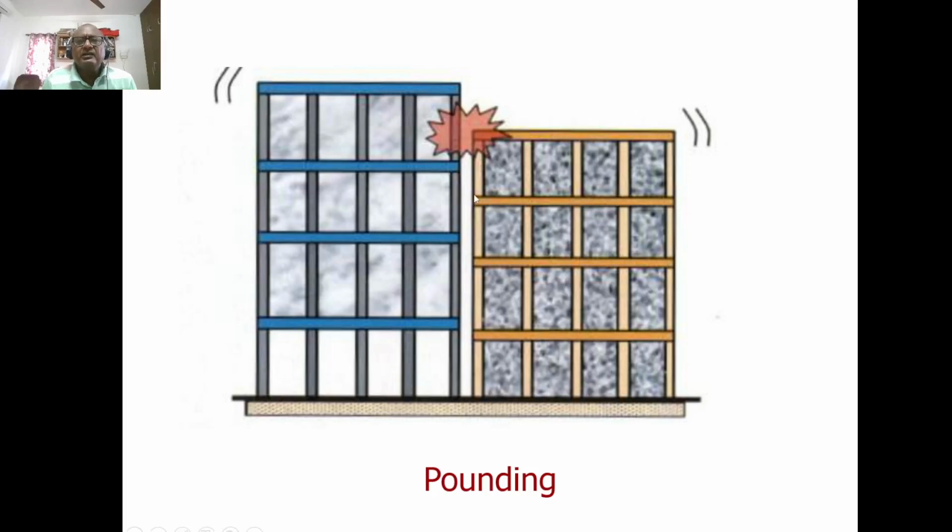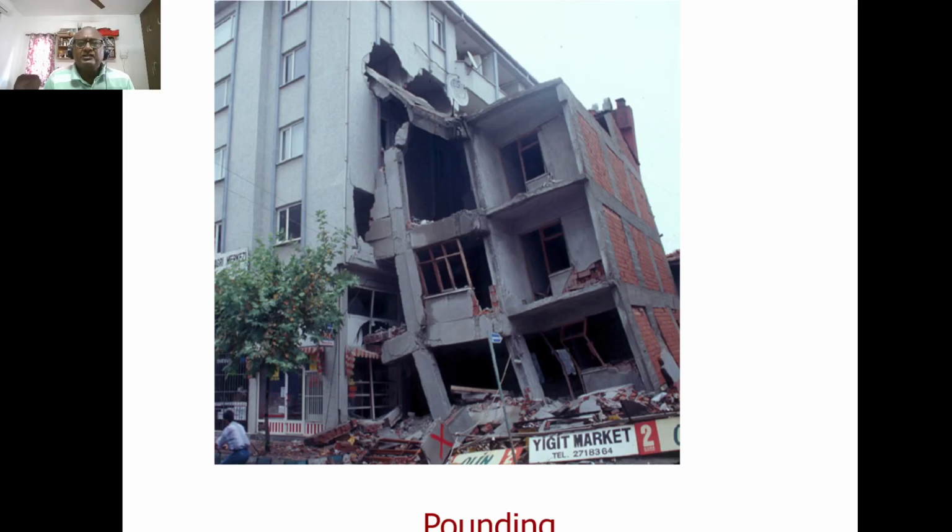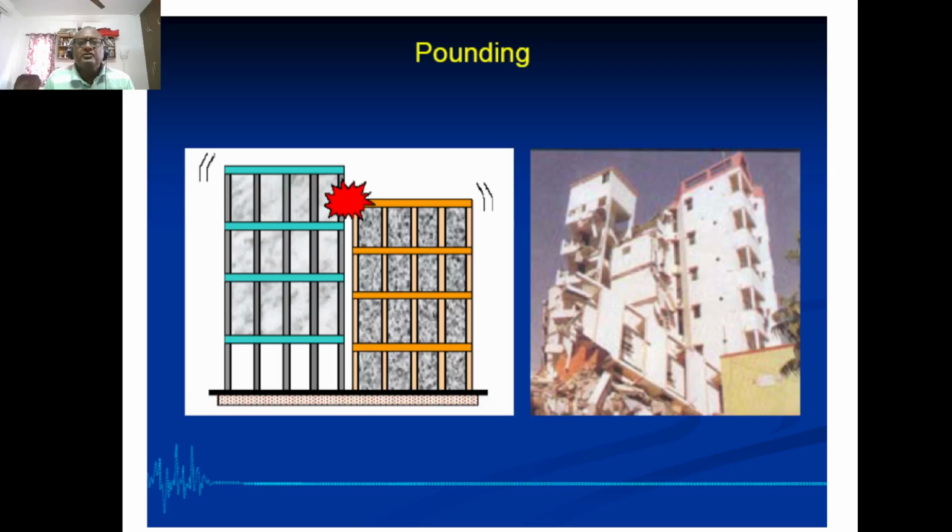So if the distance between these two buildings is less than not 4 times h of each building, then there is a possibility of them touching each other. This is another problem if you have multi-storey buildings touching each other. That is why we are having this kind of failure that you can see here. So this is a failure of pounding, and it is a serious issue in real life. This is also a pounding failure that really happens in the structural system.